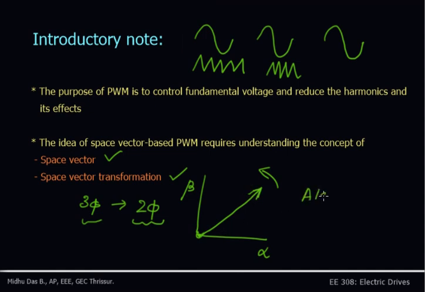And then we use some algorithm to implement the PWM scheme onto the inverter, and the inverter will switch according to the PWM signals which are given to the switches based on this space vector algorithm. So we'll see the algorithm implementation in the next lecture. In this particular lecture we are going to concentrate on the concept of space vector and space vector transformation.